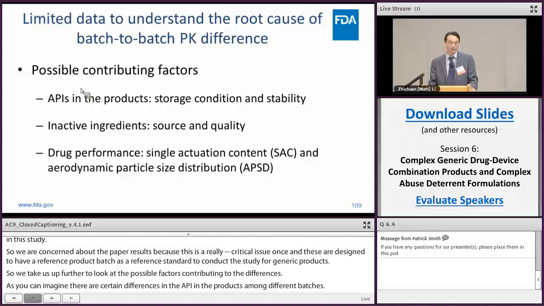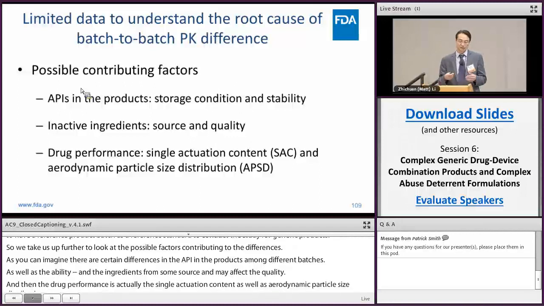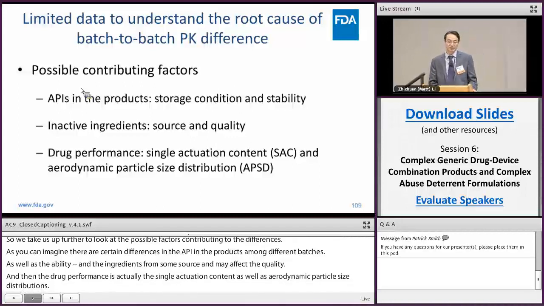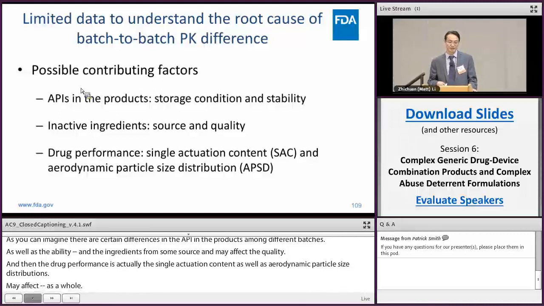And then the drug performance, especially the single actuation content as well as aerodynamic particle size distributions, may affect the PK as a whole. We also think about the device application. It also involves some human factors as well as variabilities among different applications.